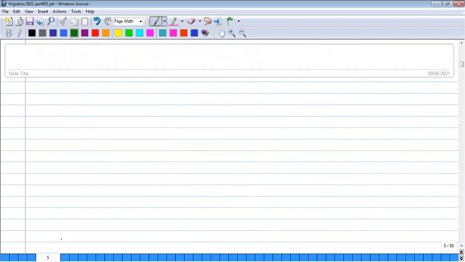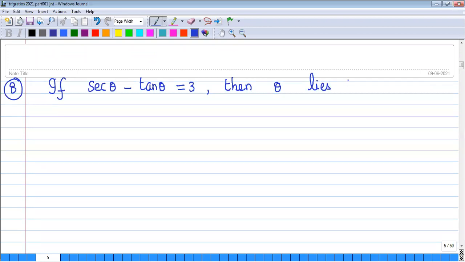Next now, 8th question. If sec theta minus tan theta equals 3, then theta lies in the quadrant.